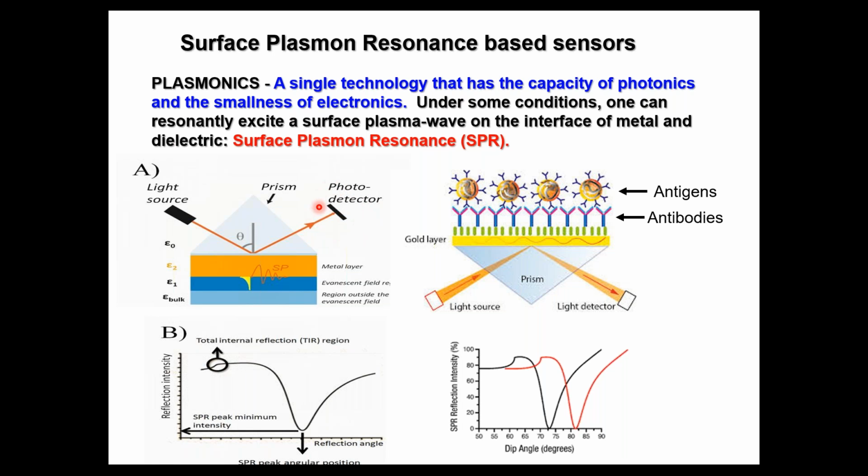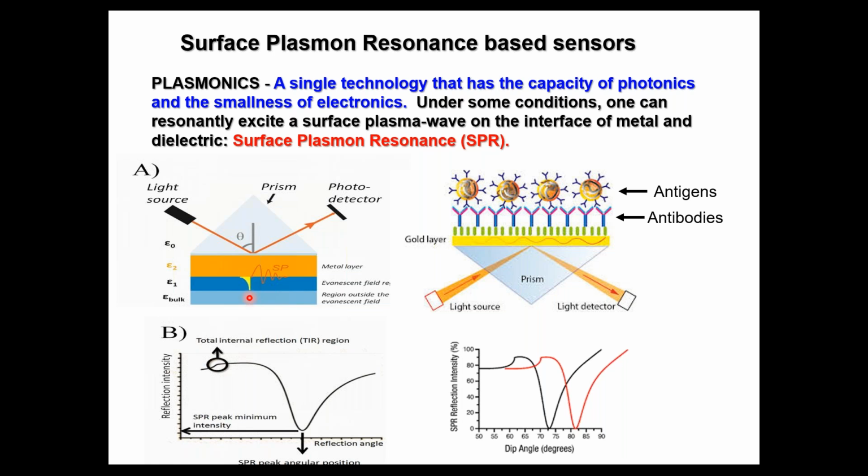your output spectrum from here. And you see that at a particular angle, these surface plasmons are generated. They are excited at this metal dielectric interface, and a huge evanescent field is generated during that process.